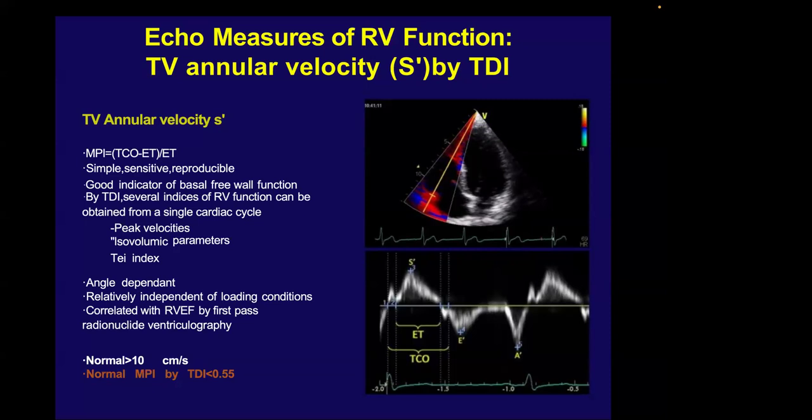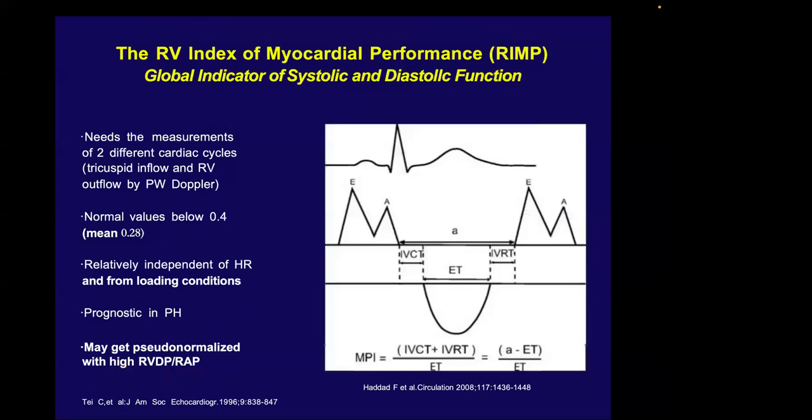Several indices of RV function can be obtained from a single cardiac cycle: peak velocity, isovolumic parameters, and TEI index. It is angle dependent, relatively independent of loading condition, and correlates with RVEF by first pass radionuclide ventriculography. Normal is more than 10; normal MPI by TDI is less than 0.55.